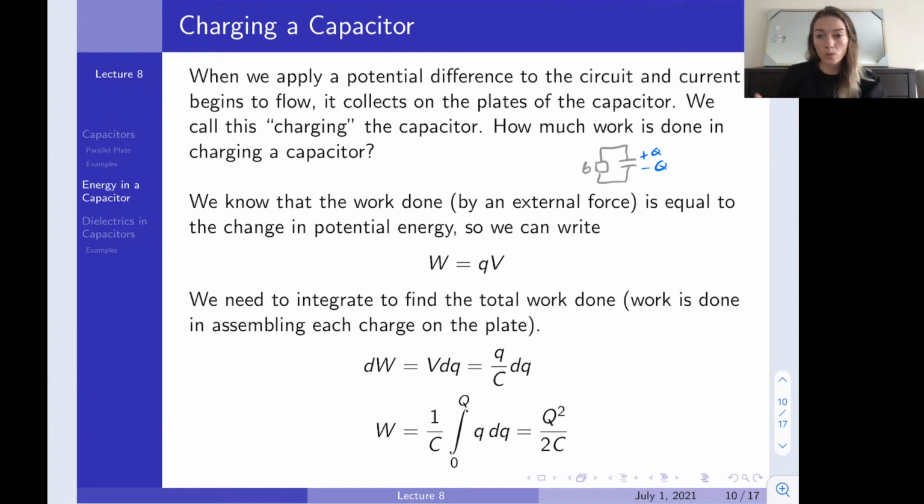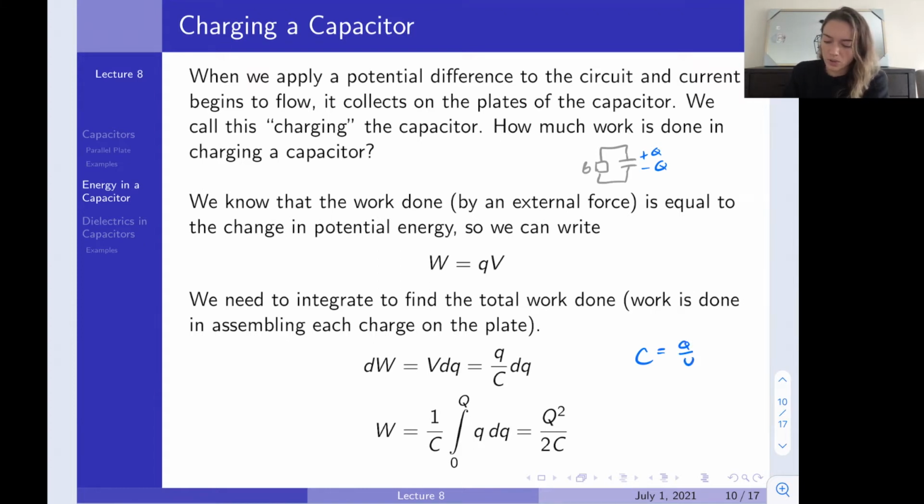Now to find the total work done, since you're not just putting one single electron or proton on your plates, you're putting a lot of them to get your capacitor fully charged, you have to integrate from 0 to capital Q, which is the total charge on the plates. So you can just take this equation and integrate. We're integrating over Q, so we have our little differential work, V times dQ. We can rewrite V as Q over C from our equation here.